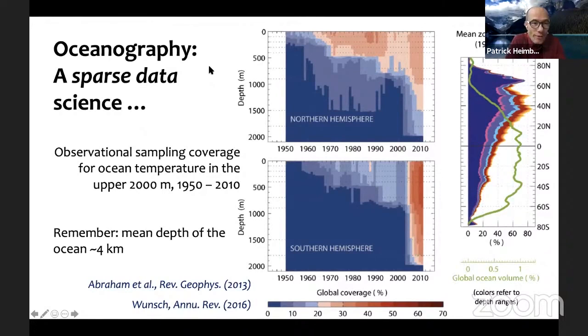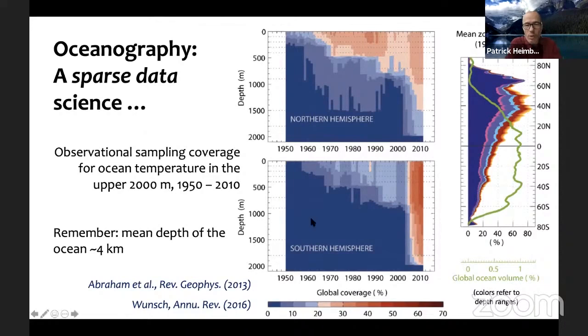Oceanography in some ways still remains a sparse data problem, or sparse data science. Why do I say this? Here, in these figures for the Northern Hemisphere and Southern Hemisphere, we see the global coverage in ocean observations from the 1950s to 2010 as a function of depth. Until the early 2000s, we are barely at, or even below, 10% coverage in terms of ocean observations.